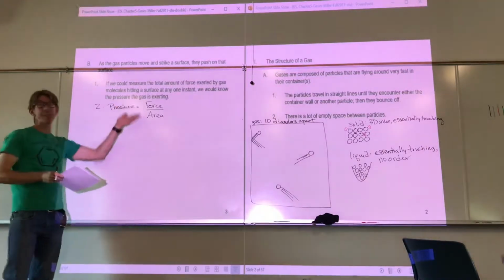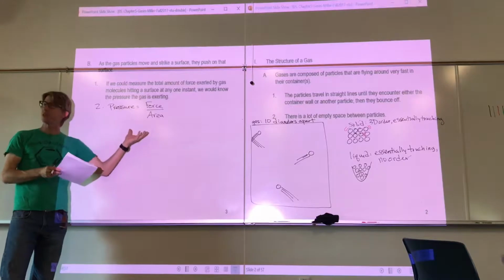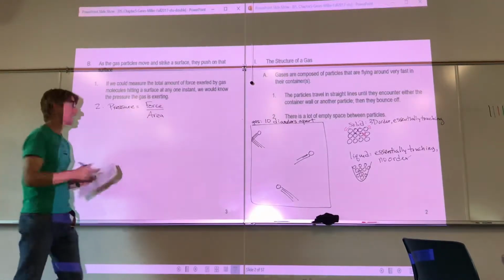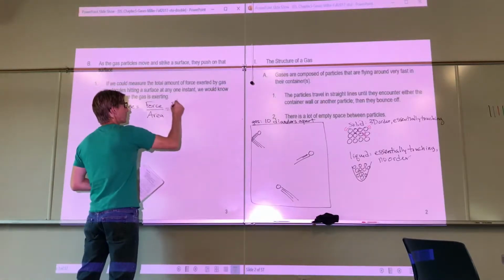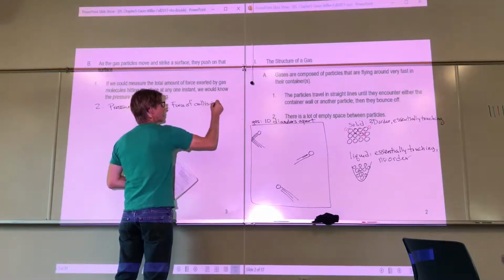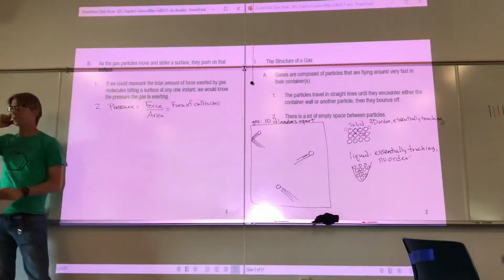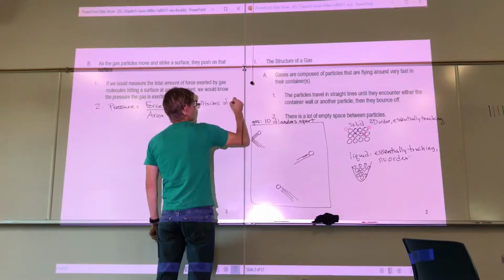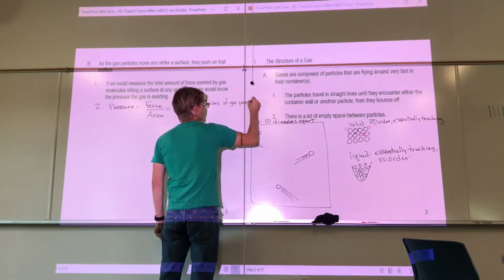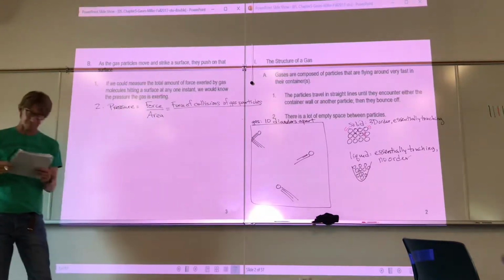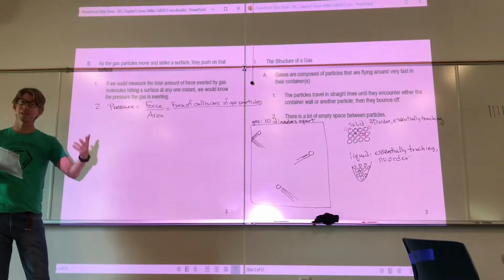And then what we need to do is describe what's the force. The force is going to be force of collisions of gas particles, divided by area of collision.